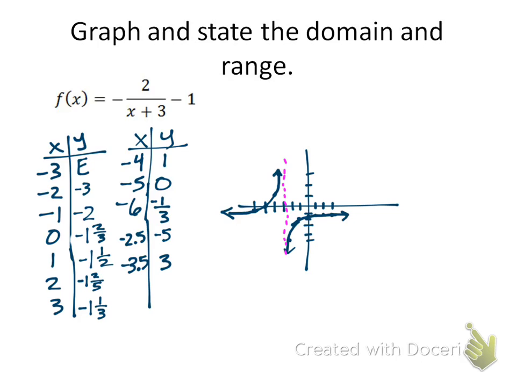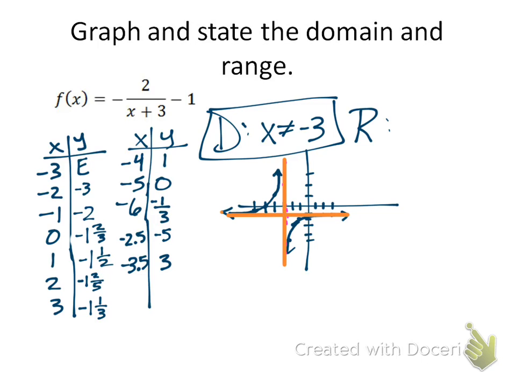Those asymptotes look like they would run here. Those will develop our restrictions on domain and range. This input did not work, so x cannot be -3.